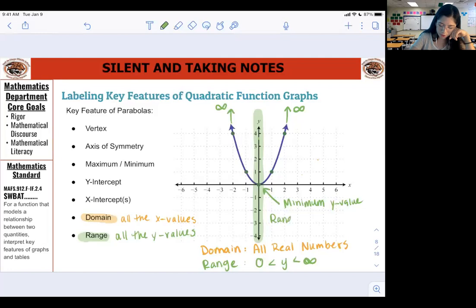So the range is from 0 to infinity, because again, it doesn't go anywhere underneath the 0. So really it's just this. Questions on domain and questions on range, because I know that that's always the trickiest part.